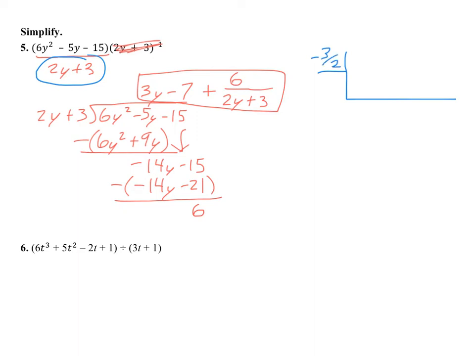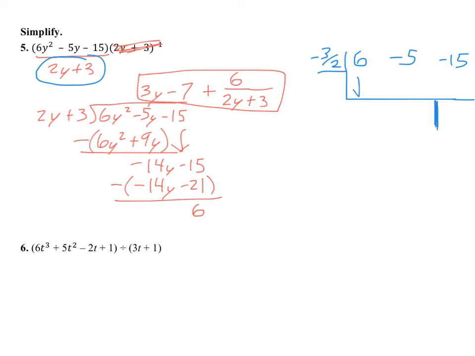So now we write the coefficients on the inside. 6 goes with y squared. Negative 5 goes with y to the first. And negative 15 goes with y to the 0. Okay, so remember the last number is going to be your remainder. I'm going to separate that now.